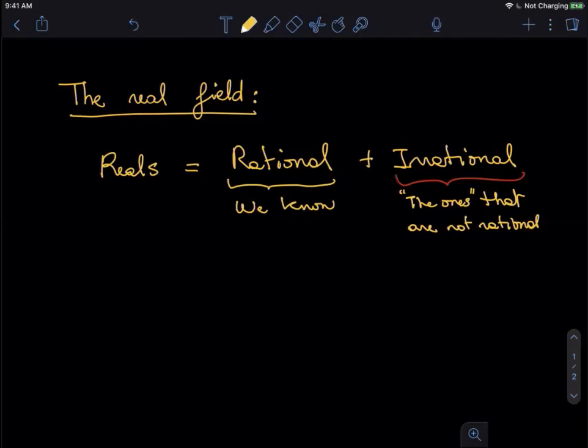So for this, we actually need to pay a lot of attention because we already know numbers like the square root of 2 or pi or phi that we have been using for years, and we know they are not rational. Okay.